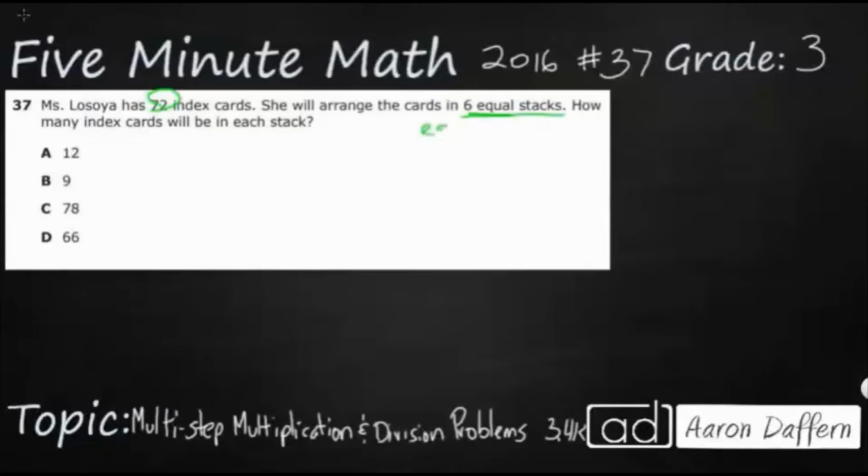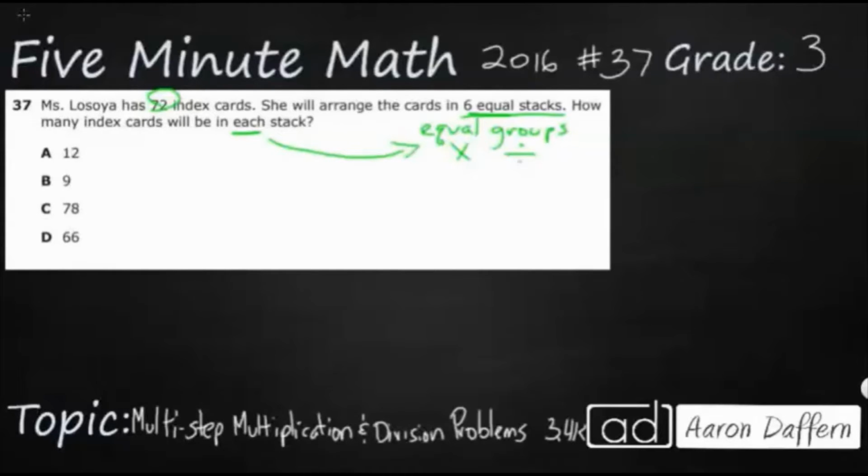So whenever we're looking at equal groups or equal stacks, that means that we are going to use either multiplication or division, because multiplication and division only work when you're dealing with the same size groups or equal groups. So we see equal groups.